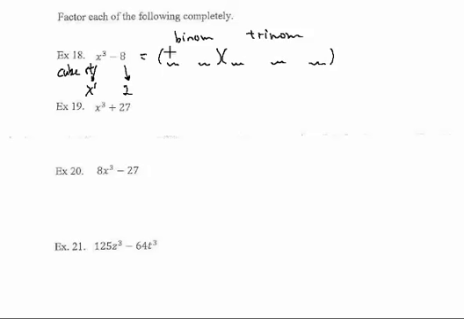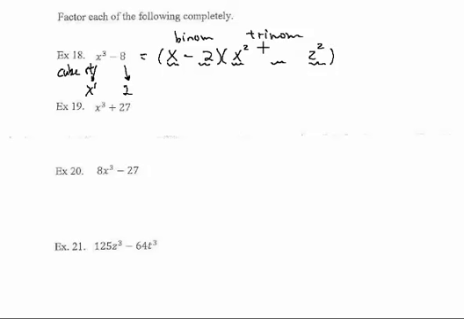We place an x and a 2 here. These two parts make the binomial, these two cube roots, and the sign that we put between them is the sign that we have between the two perfect cubes, so minus. And then for these two, the first and the last term of the trinomial, we simply square the two cube roots.